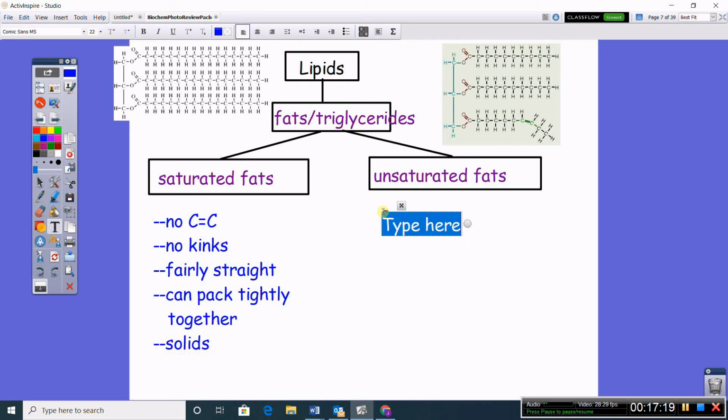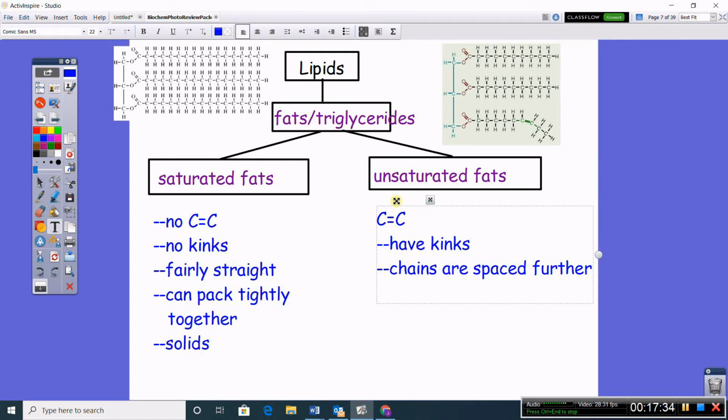Okay? So these do have carbon-to-carbon double bonds, which means they have kinks, which means their chains are spaced further apart, which means these are going to be liquids at room temp.